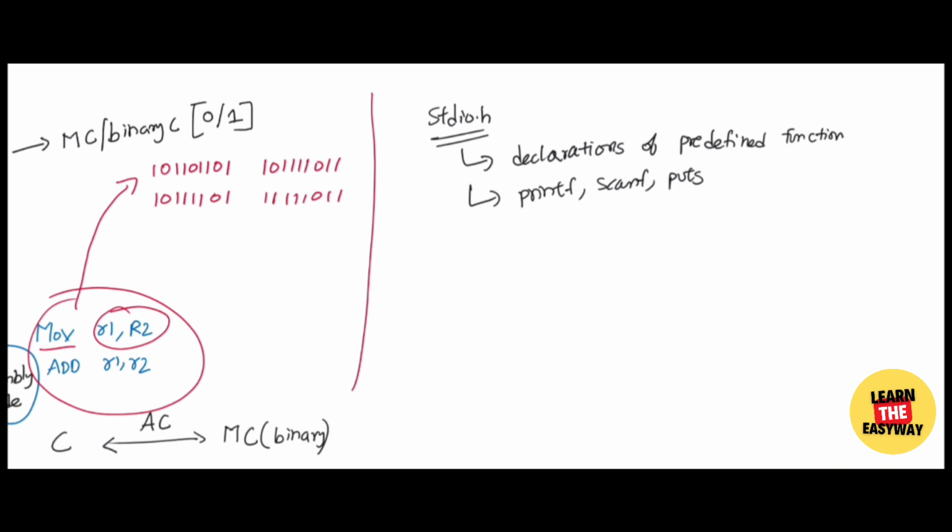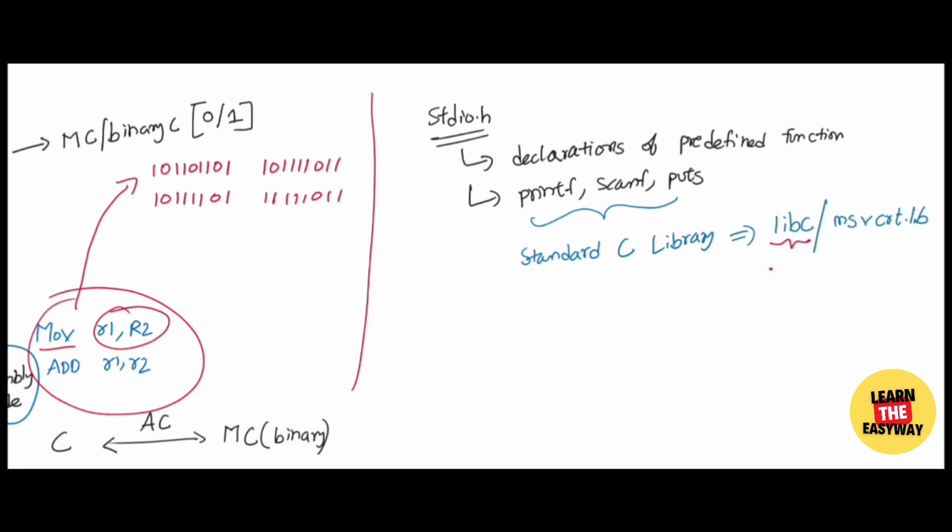Where is the complete body of those predefined functions located? The body or code for these predefined functions is located in a standard C library called libc or msvcrt.lib.